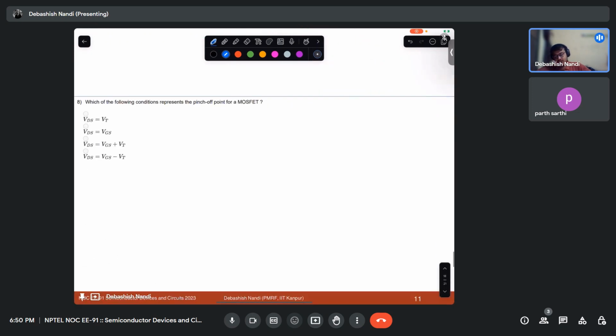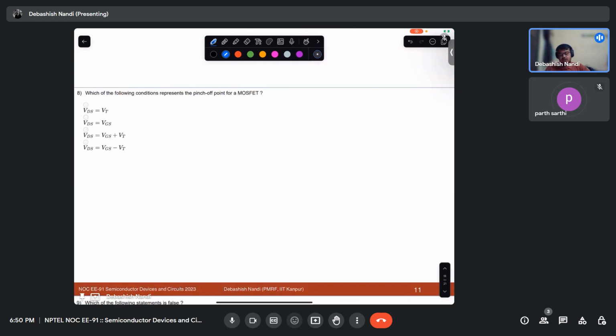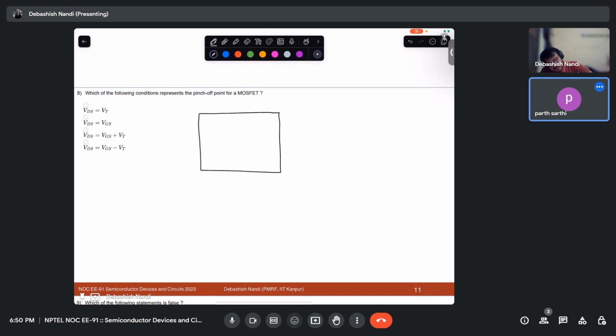So again, moving on to problem number 8: which of the following conditions represents the pinch-off point in a MOSFET? We discussed this two weeks back. VDS equal to VT. What is the pinch-off? Before the channel is just formed.